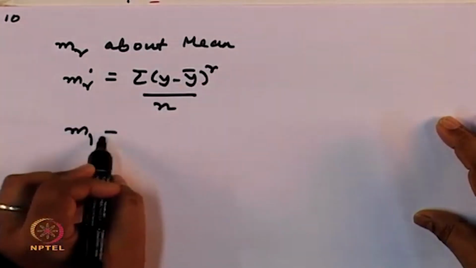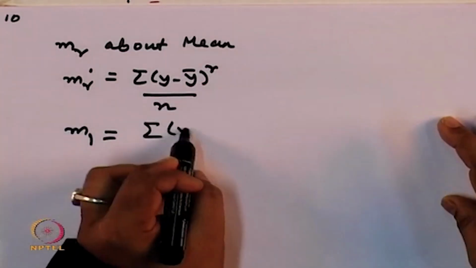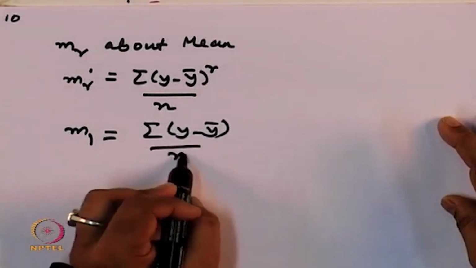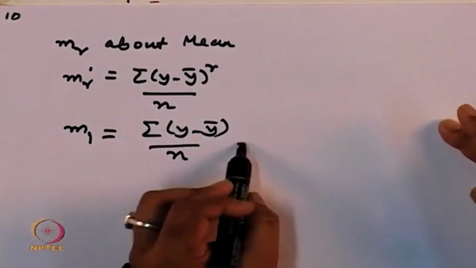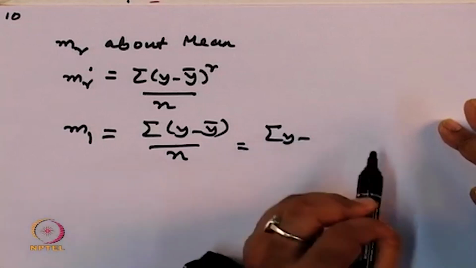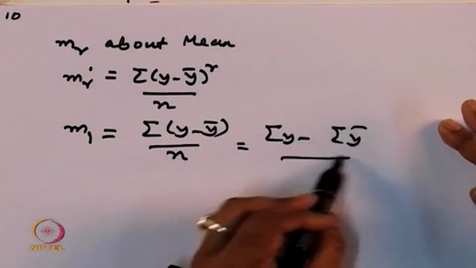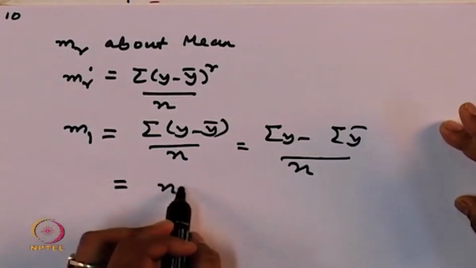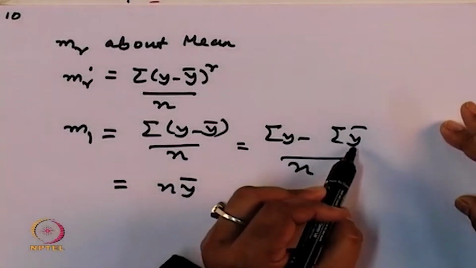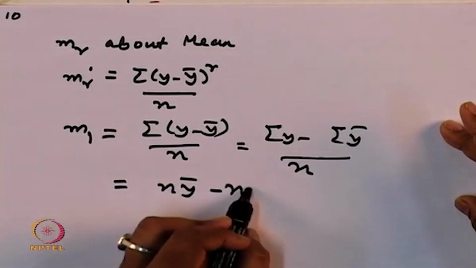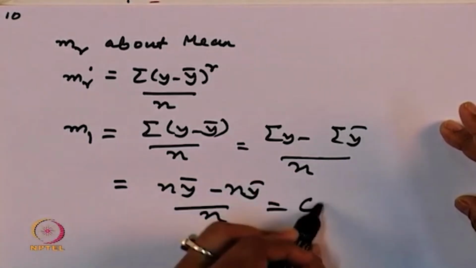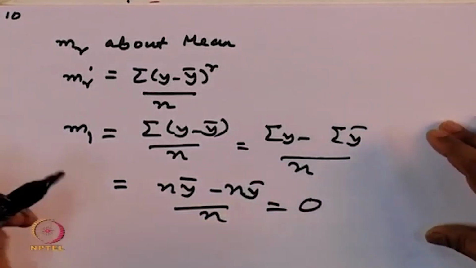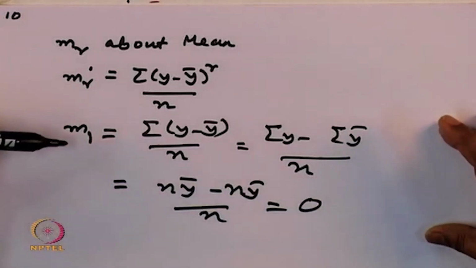So, m1 in this case will be summation y minus y bar by n, and this is nothing but summation y minus summation y bar by n. So, summation y is equal to n times y bar, and summation of y bar n times is nothing but n y bar. So, this would give me a value of 0. Okay. So, the first moment about the mean is 0.